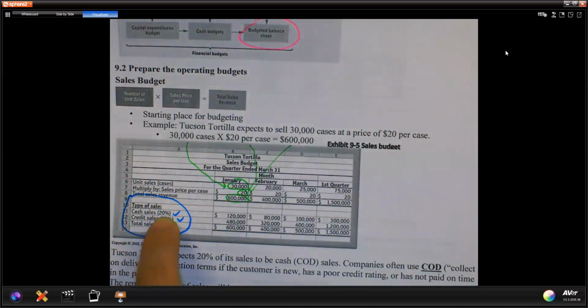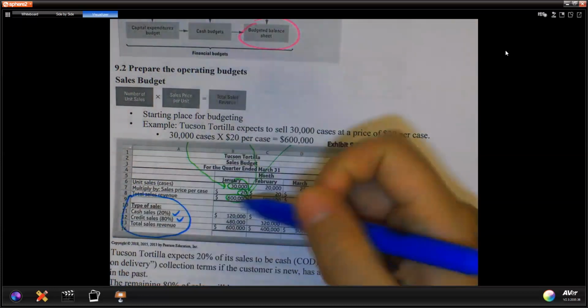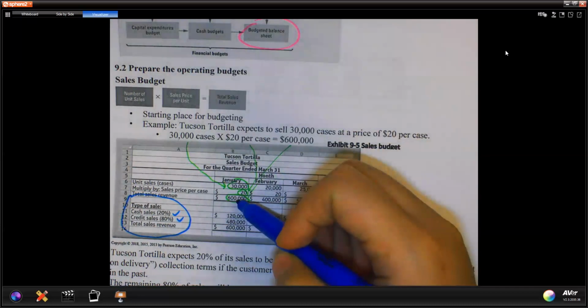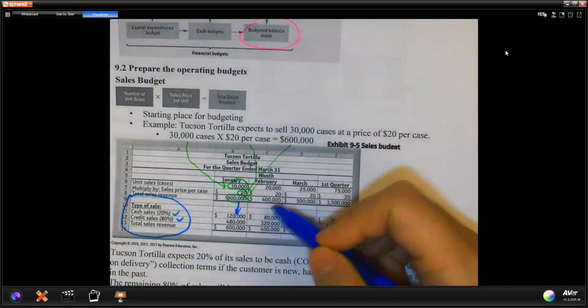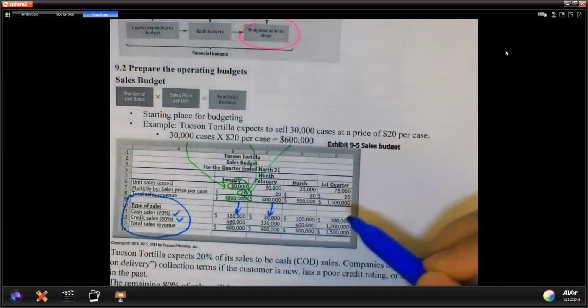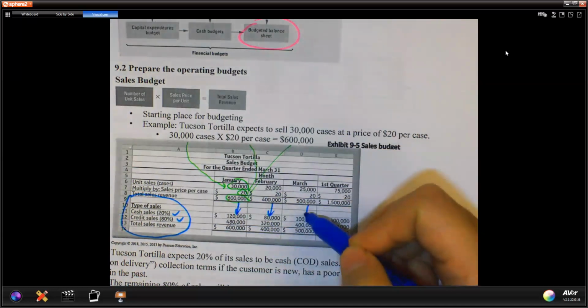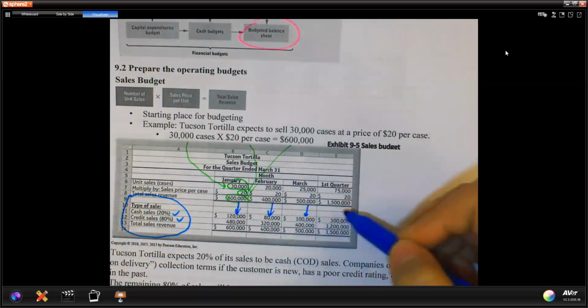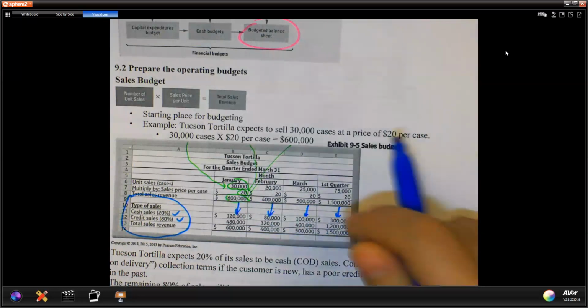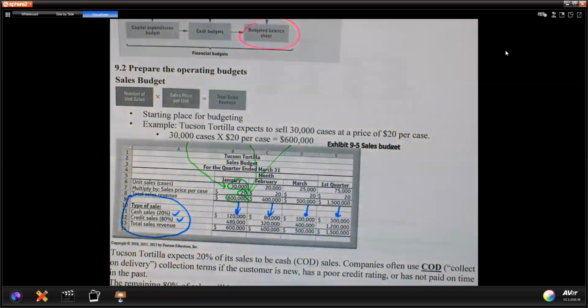So we estimate 20% of our sales will be generated by using cash. So 20% of 600,000 is 120,000. 20% of 400,000 is 80,000. 20% of 500,000 is 100,000. And then similarly, you do 20% of your total 1.5 million.